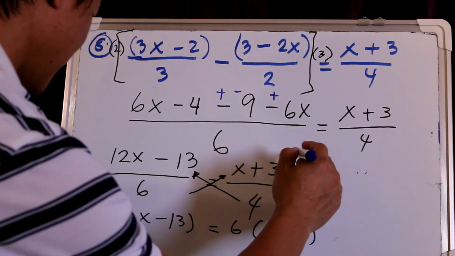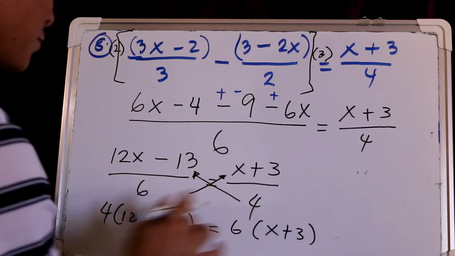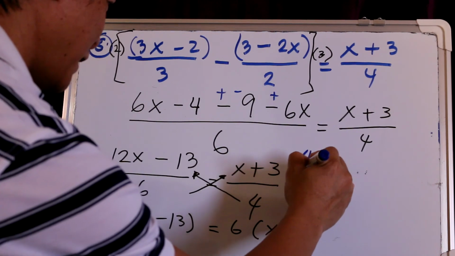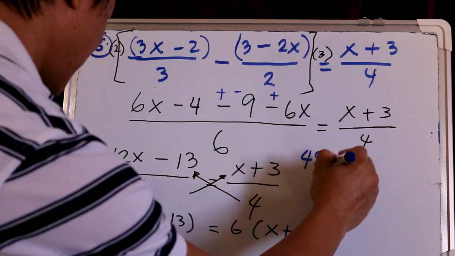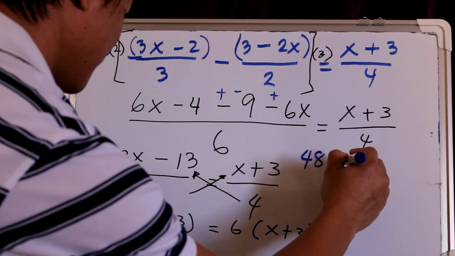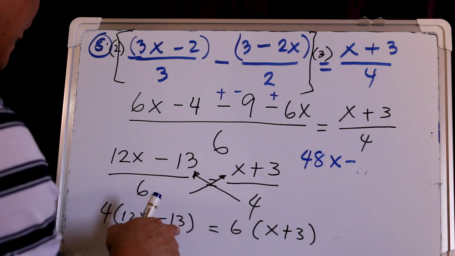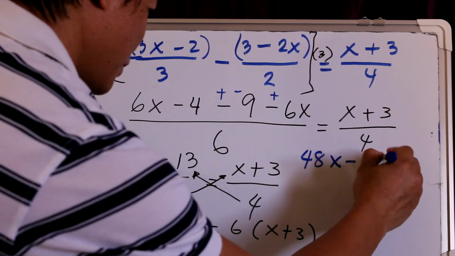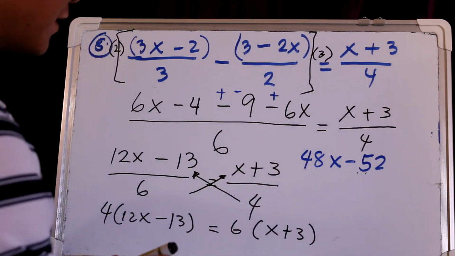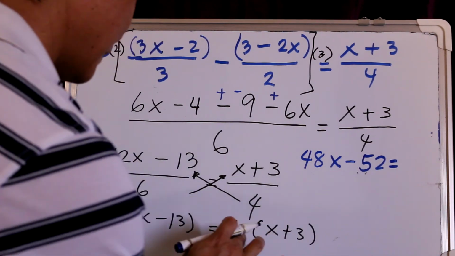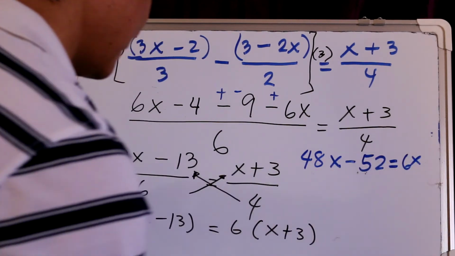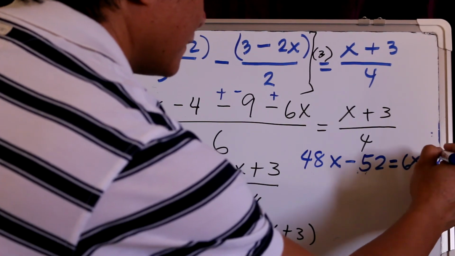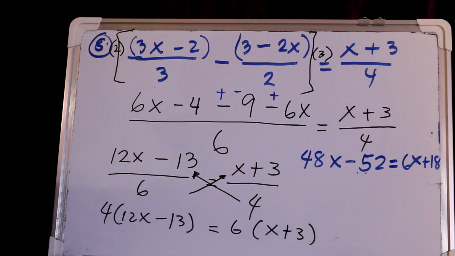So what we are going to have is 4 times 12, you have 48x minus, that is 4 times 13, 52, equal to 6x plus 18. Okay, so 6x plus 18 there.